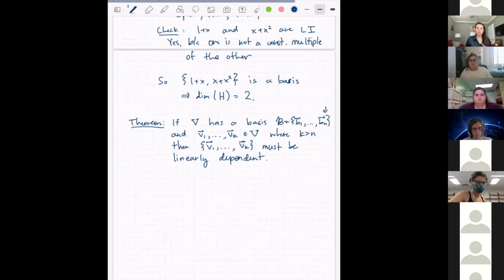Okay. So we aren't going to prove this. I think we may have proved this for Rn earlier, but essentially our maximal linearly independent set has n vectors, and if we have any more than that, we can't maintain linear independence. That's the maximum number that we can have and still have linear independence.